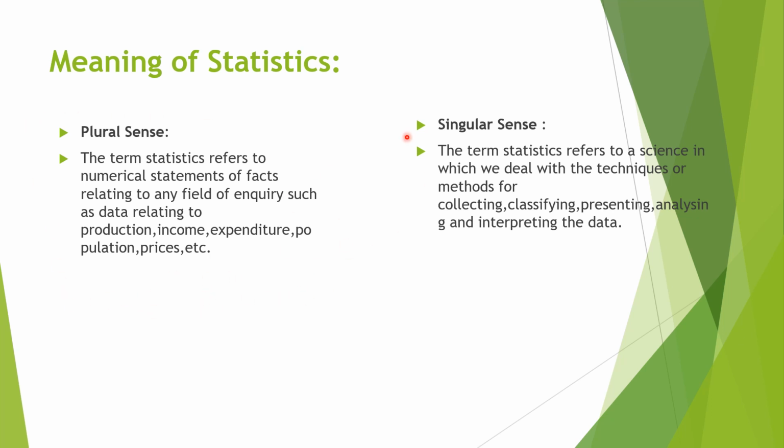Now moving to the singular sense. According to the singular sense, what is the meaning of statistics? Here, the term statistics refers to a science in which we deal with the techniques or methods for collecting, classifying, presenting, analyzing, and interpreting the data.